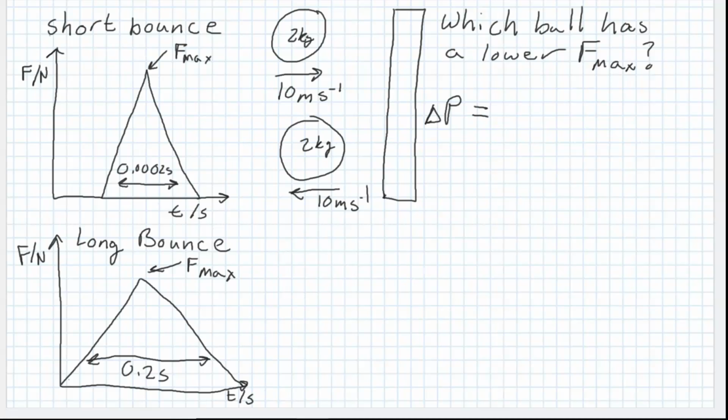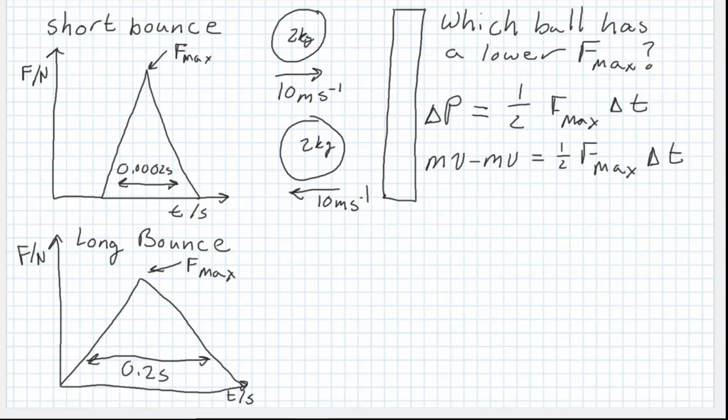So my impulse is equal to, we have a triangle, so I'll do 1/2 base times height. The height of each of these triangles is F max, and the time is delta t. And so impulse is mass times final velocity minus mass times initial velocity, and that's equal to 1/2 F max delta t. I'm going to solve for F max.